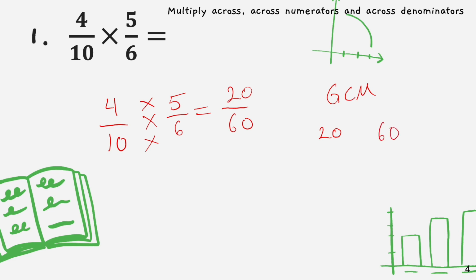So to start off our boxes, I know 1 times 20 is 20, and 1 times 60 is 60. Moving on to our multiples of 2, I know 2 times 10 is going to be 20, and then I know I can do 2 times 30 to equal 60.